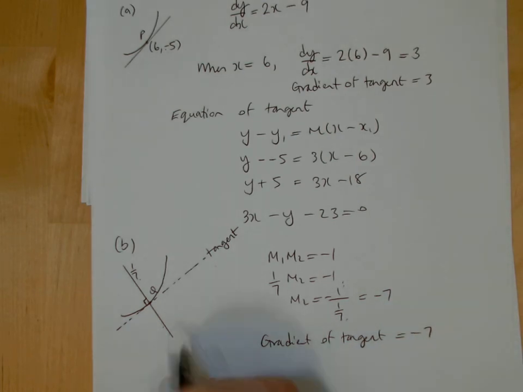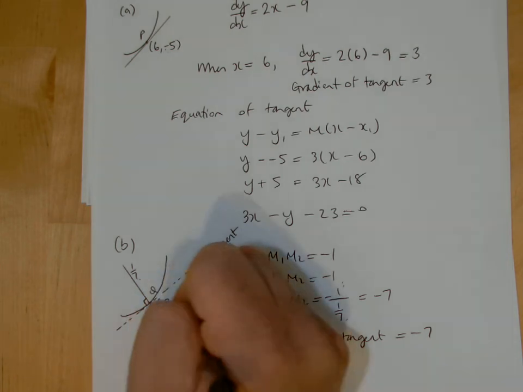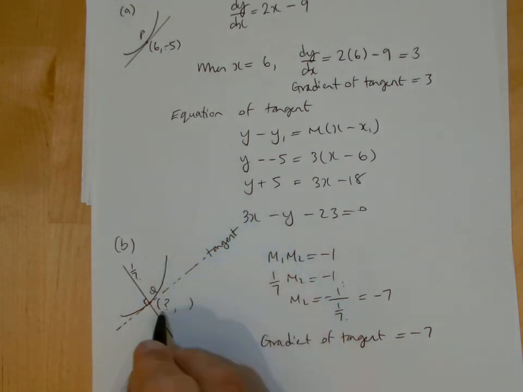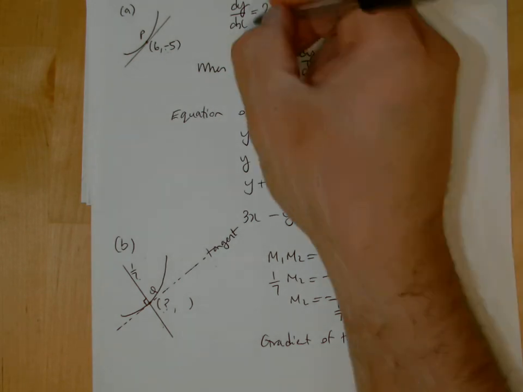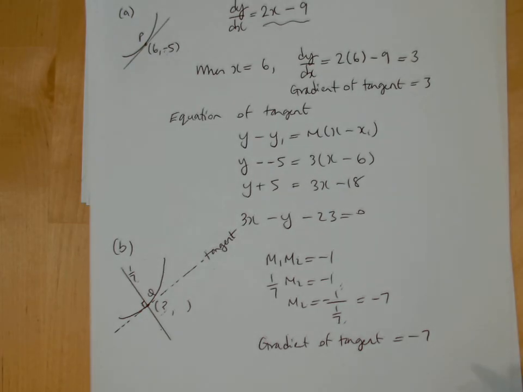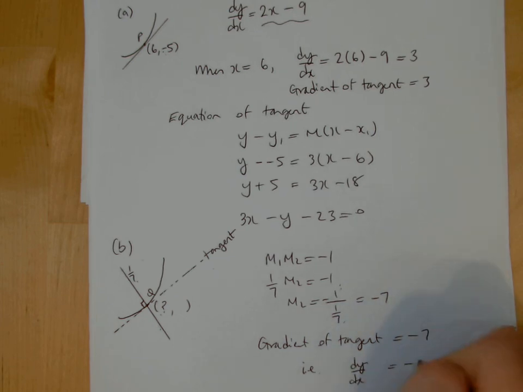Now they want to know what the x coordinate is here. What is that x value? They're not interested in the y, it doesn't matter. They want the x coordinate. But if you think about it, if the gradient of the tangent is minus 7, that means the gradient function will also equal minus 7, i.e. dy/dx is equal to minus 7.